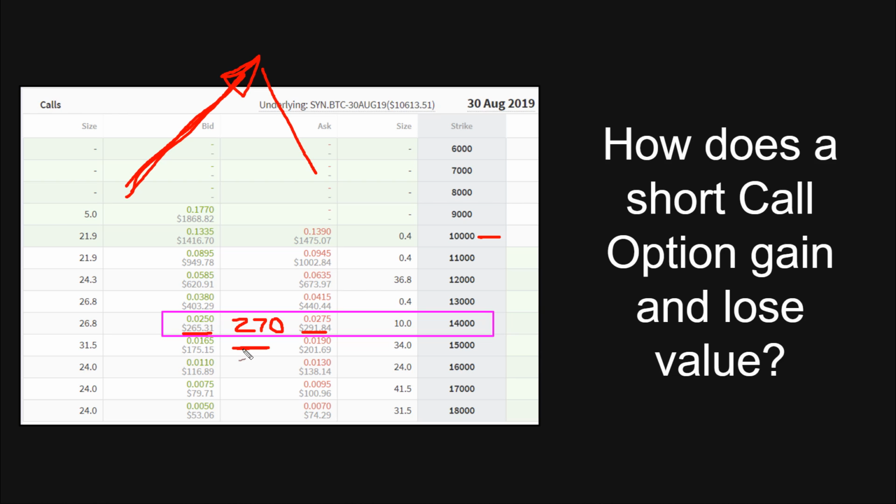So if we sold this for 270 and bought it back at 180, because the price went down by 1,000 points, we've now made $90 on that trade. So if the price goes down, we can make money as the option seller.